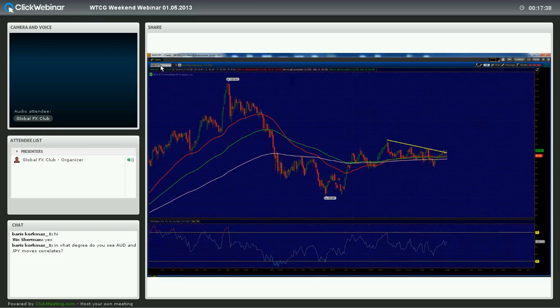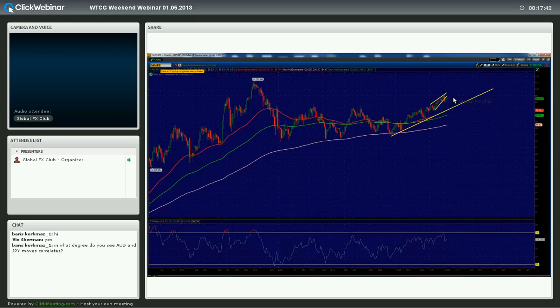CAD yen, that's a good question. Historically, traditionally, Aussie up, yen down tends to be the correlation. So we see the Aussie strengthening in risk on, and we see the yen weakening in risk on, and then vice versa.